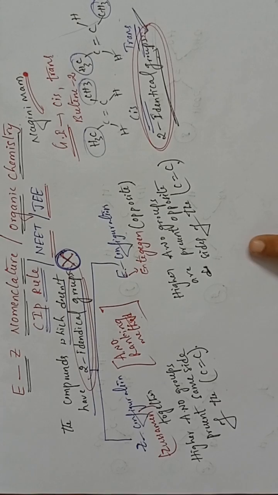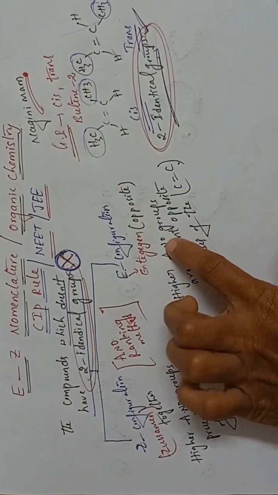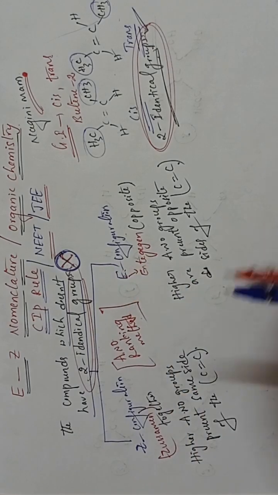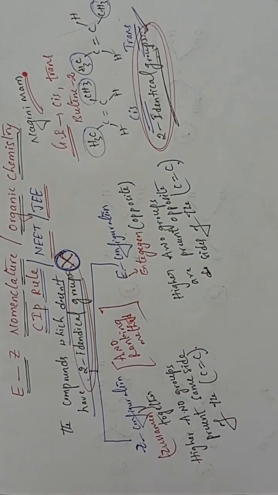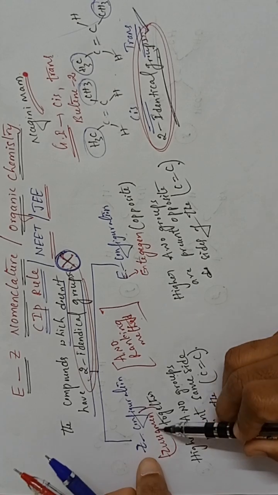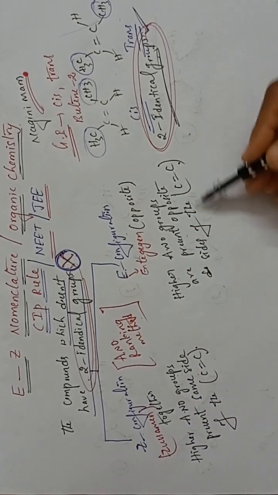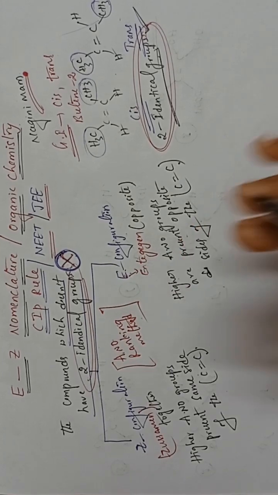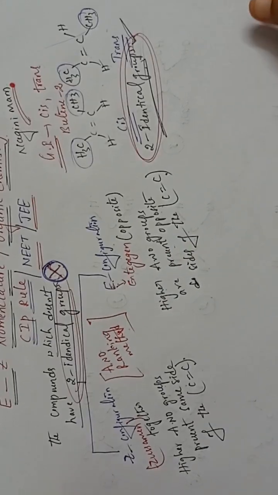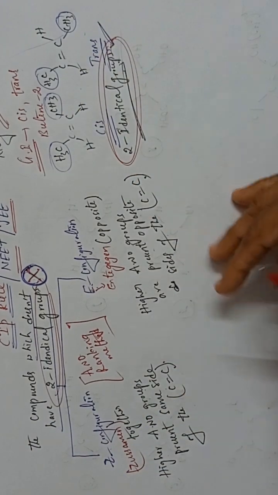Opposite sides of the doubly bonded carbon atoms means higher atomic number groups are opposite, that is E configuration, students. Higher atomic number groups on the same side means Z configuration. Higher atomic number groups on opposite sides means E configuration. Clear? Very easy topic students, you can easily understand. I will discuss in the examples.